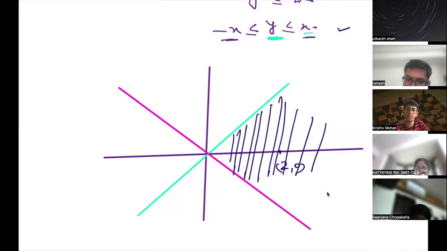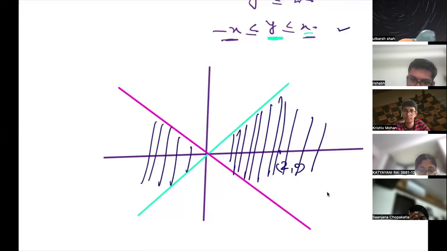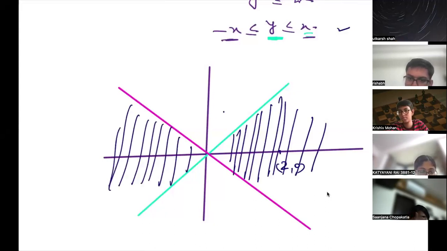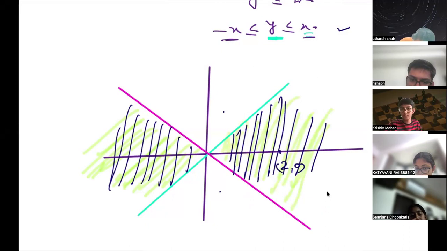So you can take minus 2 comma 0 then. Very good. So the second portion is coming in this one, but these two portions are not good. So the complete portion we are getting is this portion as well as this portion. Is this okay, everyone?